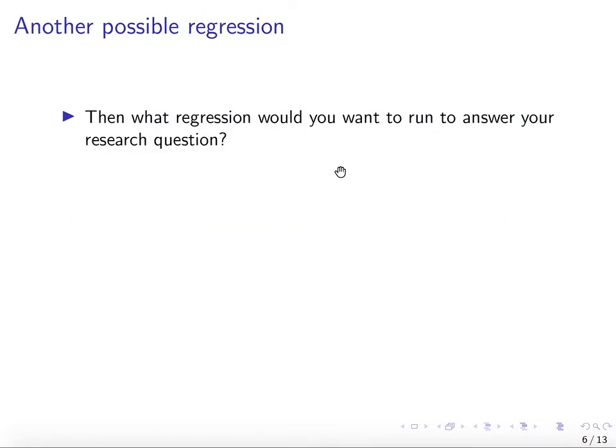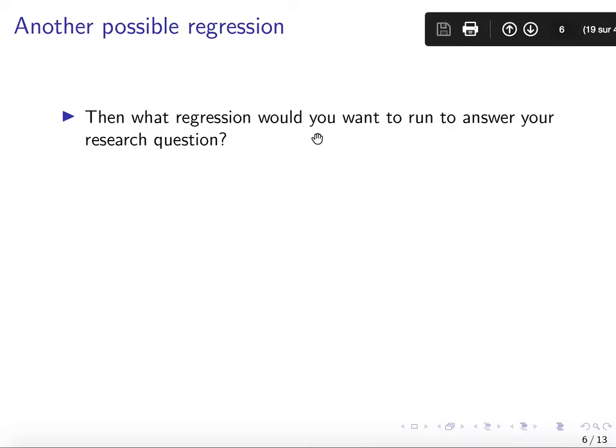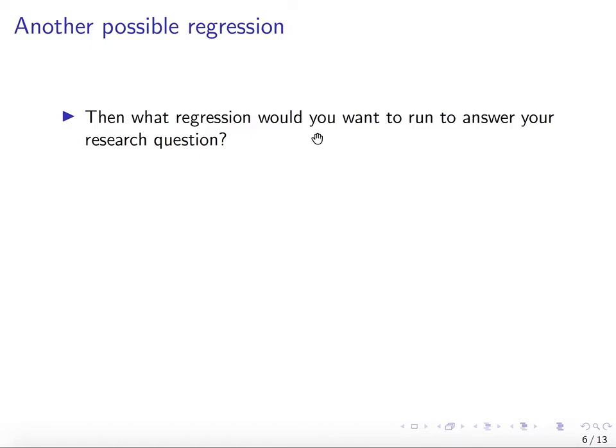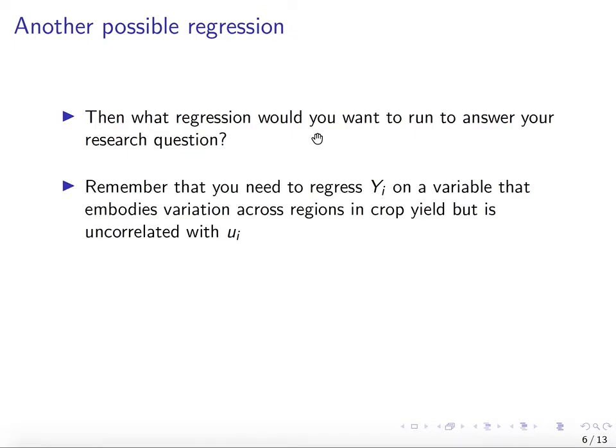So what regression would we want to use to answer our research question, which is still, what's the impact of crop yield on the probability of civil war? Well, remember, we want to regress yi on a variable that is going to embody variation across regions in crop yield, but is not correlated with ui.